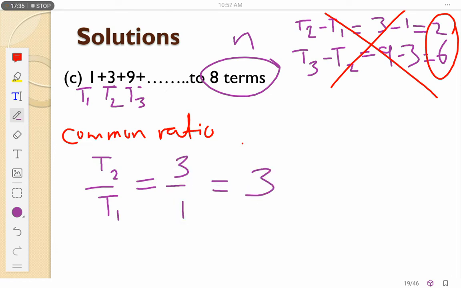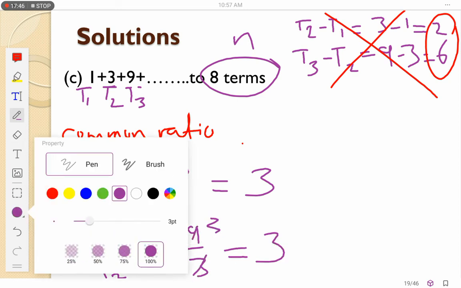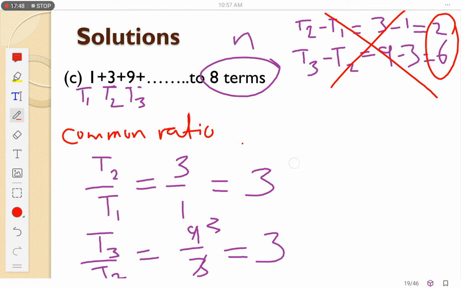The second one, I can have T3 over T2. I will have a 9 over 3, and I'll get a 3 again. So I've got a common ratio R as 3. The first term of the sequence, I have it as A, as 1 there.